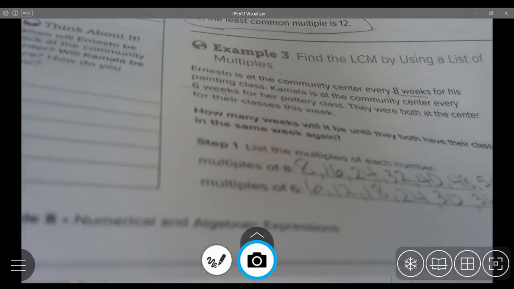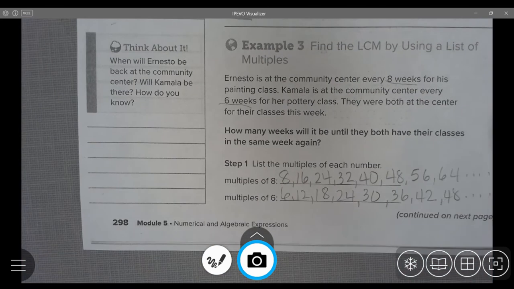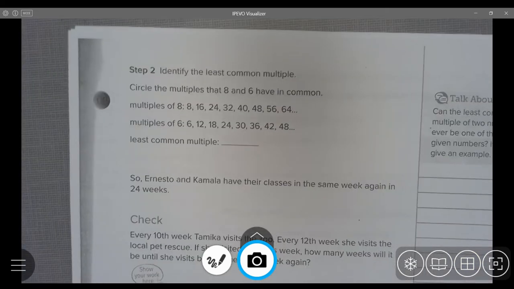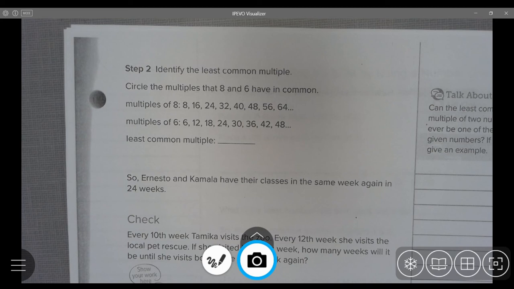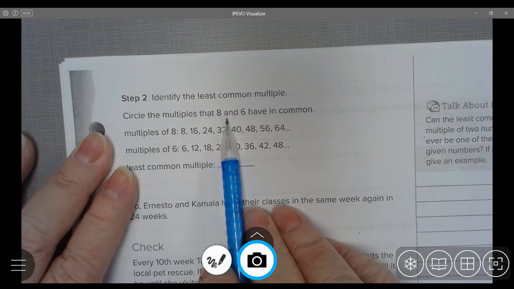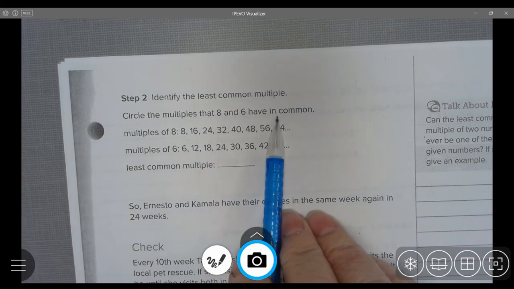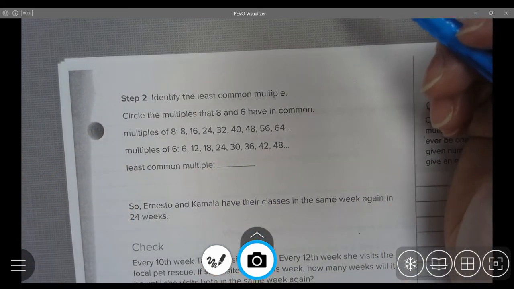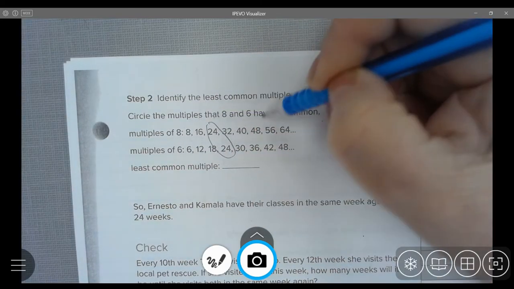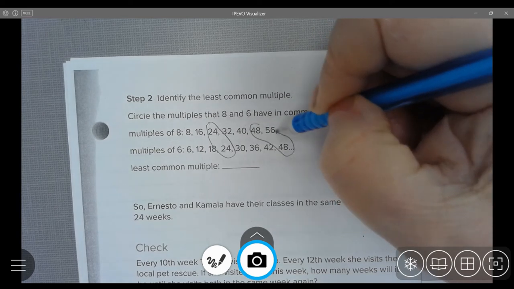Let's look at step 2 at the top of page 299. It says identify the least common multiple. They've typed them out for us. Circle the multiples of 6 and 8 that are in common. Here's 24 and 48.